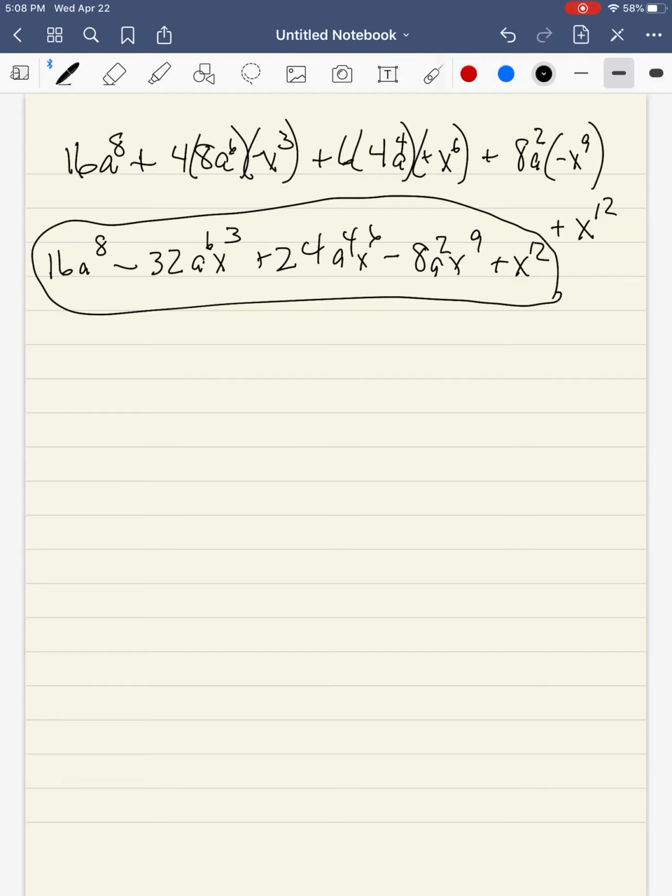You have to be super careful on your exponents, but it certainly is a lot easier than trying to multiply that thing out to the 4th power.